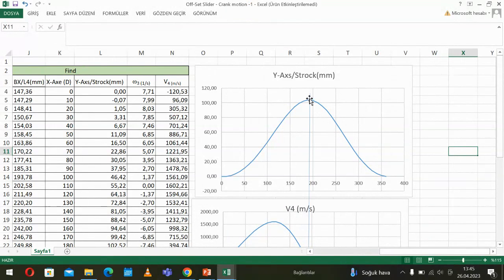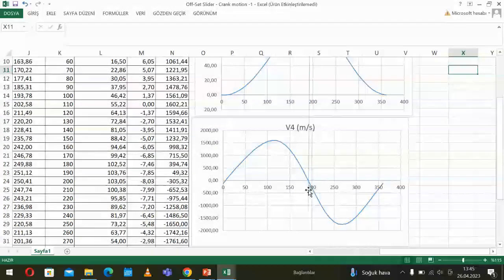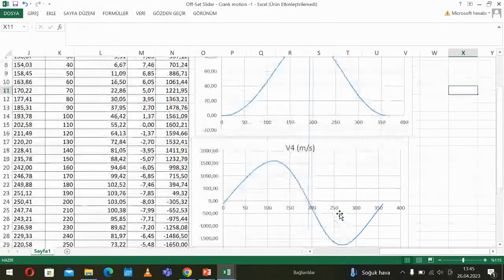Because from this point, the slider starts to come back to the initial position again. This is the situation. Here the speed is 0, and the speed starts again but in the other direction and gets its maximum here.